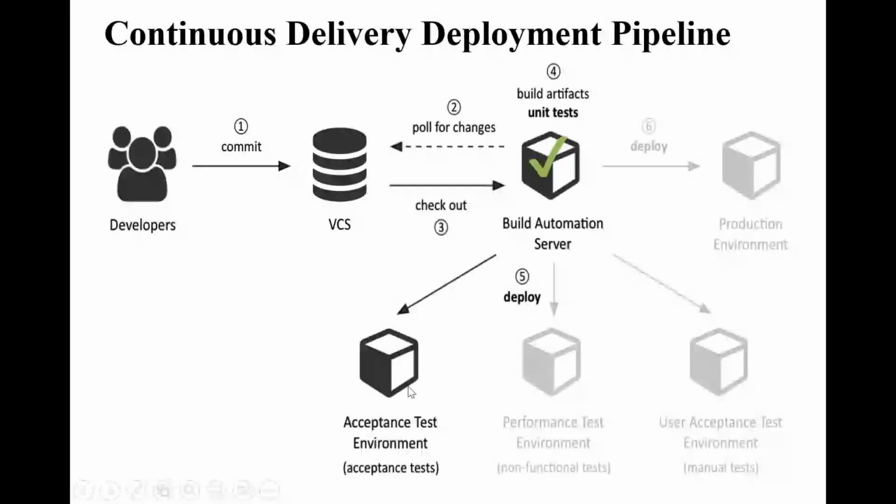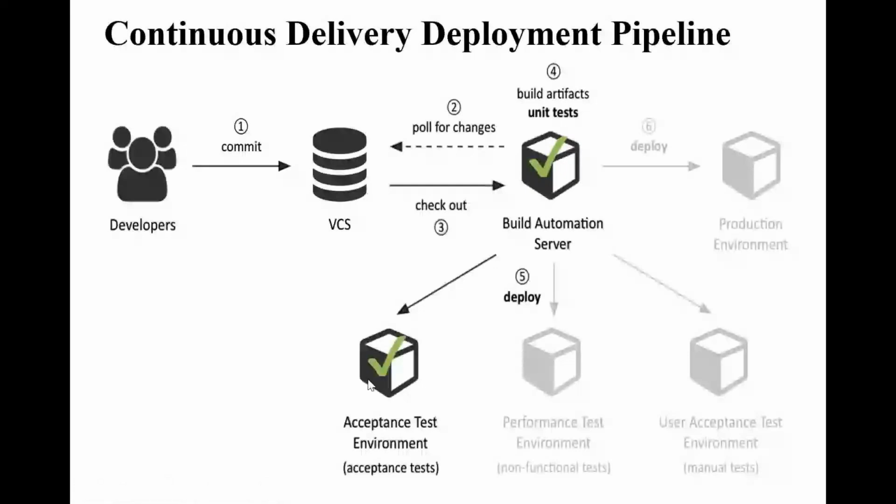Suppose here we have two servers, so you need to deploy this artifact to the two servers. Then whichever test cases are planned here, deploy it and run the test cases which are planned here.